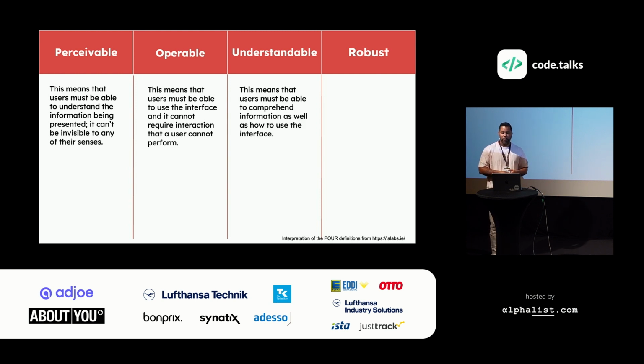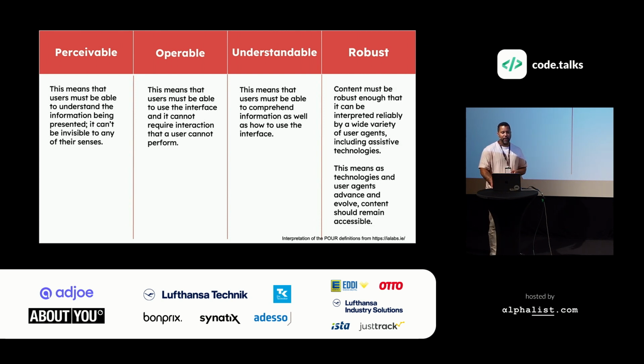Understandable means that users must be able to comprehend information as well as how to use the interface. And at last, robust. Content must be robust enough that it can be interpreted reliably by a wide variety of user agents, including assistive technologies. And this means as technologies and user agents advance and evolve, content should remain accessible.